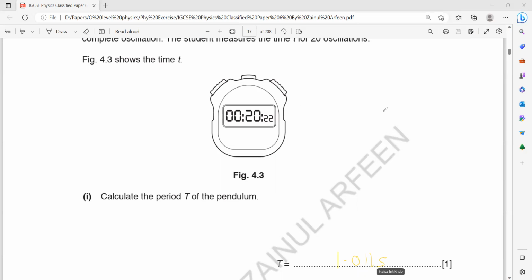So what we should do is 20.22 divided by 20. So it will be 1.011 seconds. But when you write your answer, you should always use three significant figures. So we will just write 1.01 seconds.